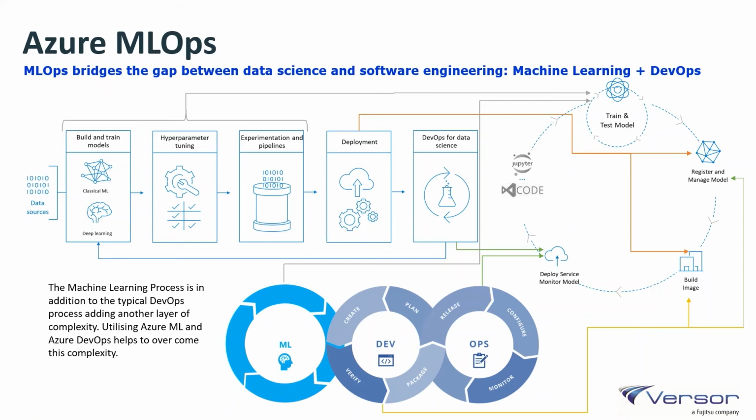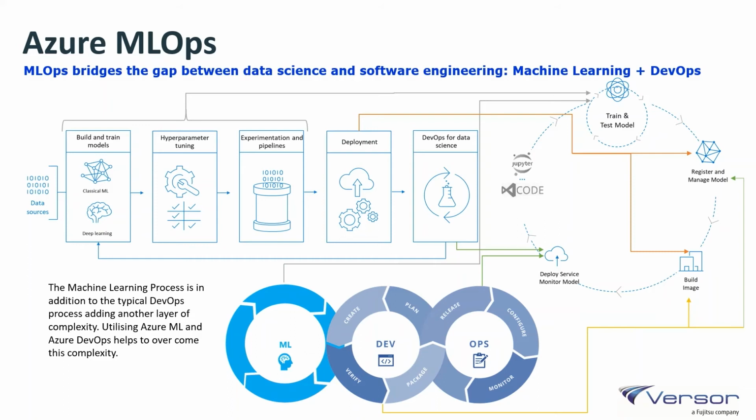Finally, you go back to the original piece, which is looking at your model around data drift, monitoring its performance, etc., so that you can retrain your model and redeploy. So in essence, what the MLOps process is doing is adding that machine learning process to your standard DevOps process.